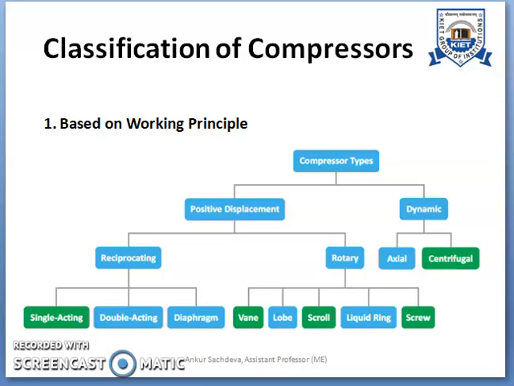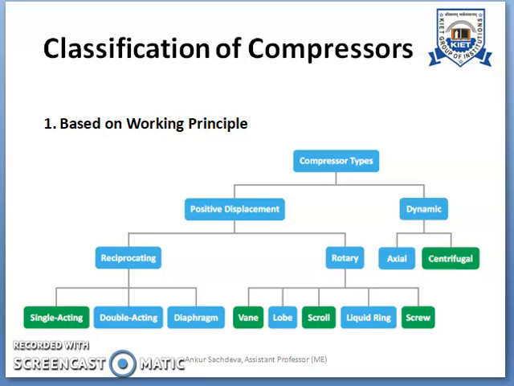And the rotary kind of the compressor can be classified into the vane type, scroll type, screw type or other types which are mentioned here, depending upon the rotating element that is employed in the compressor. Now talking about the dynamic kind of the compressor, we have two main categories under this.